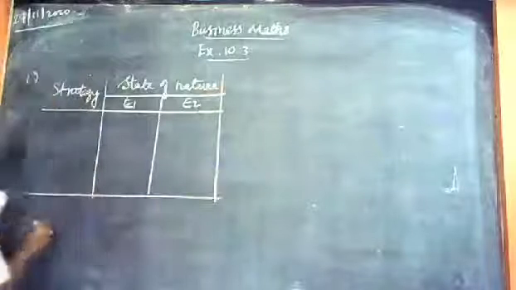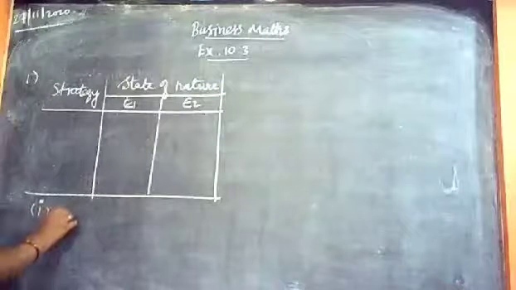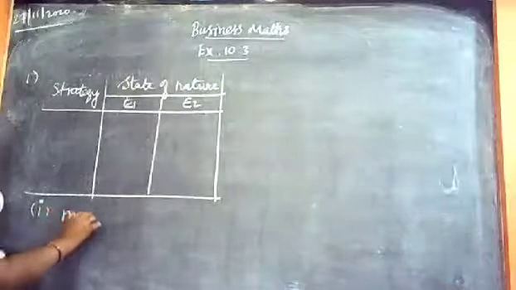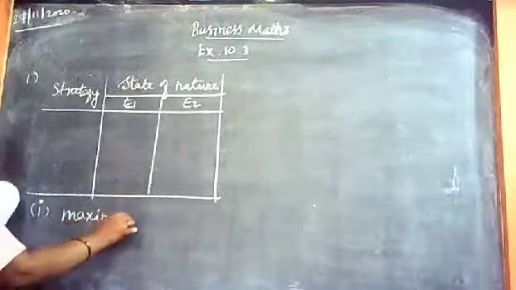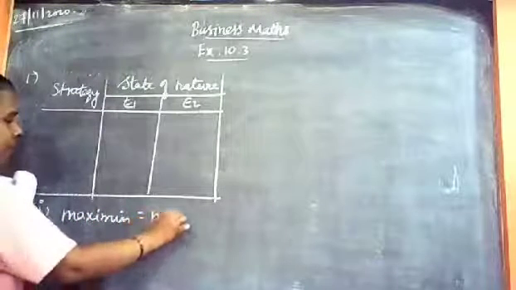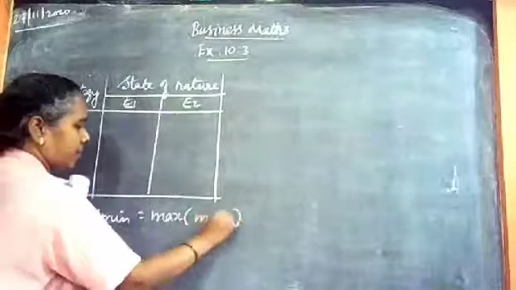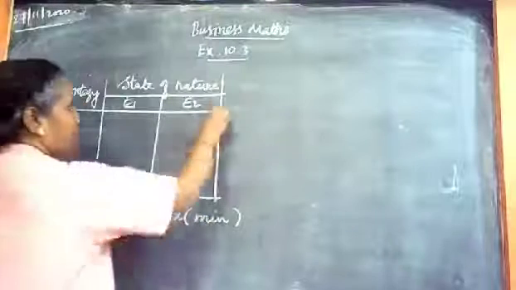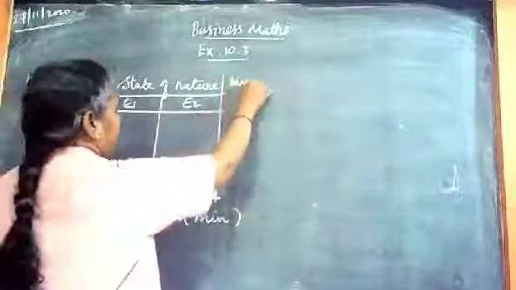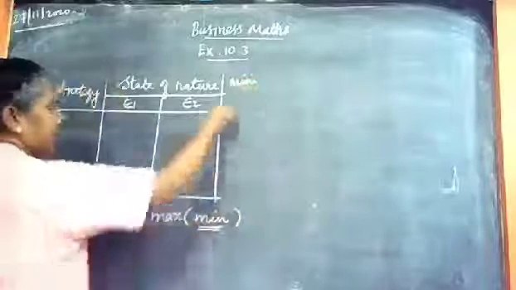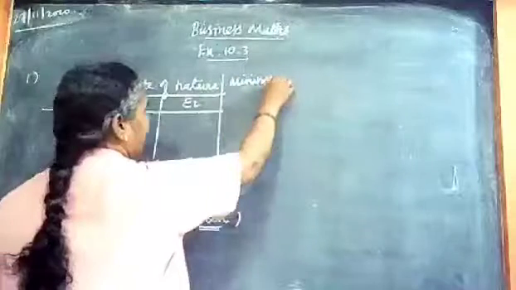In this problem, you are asked two answers. One is maximin, maximum of minimum. I told you to write it as maximum of minimum. So the additional column which you are going to create is, in brackets, minimum payoff.